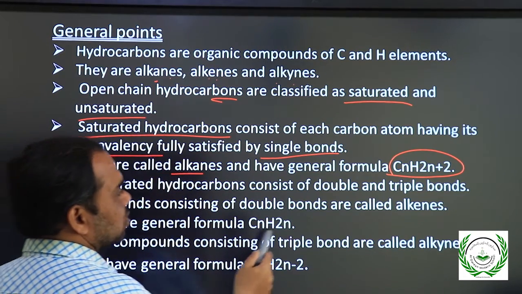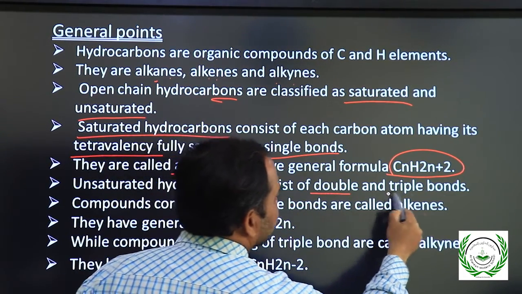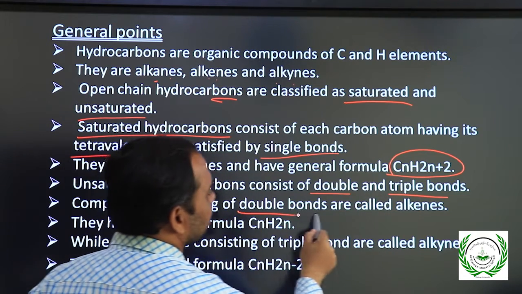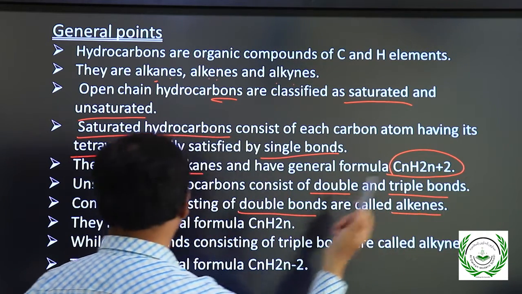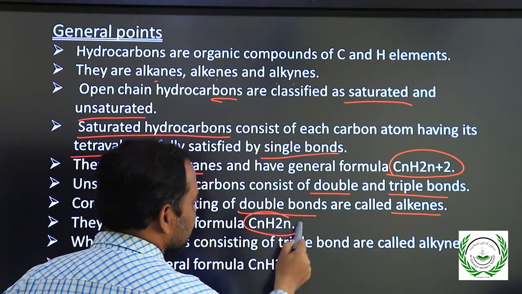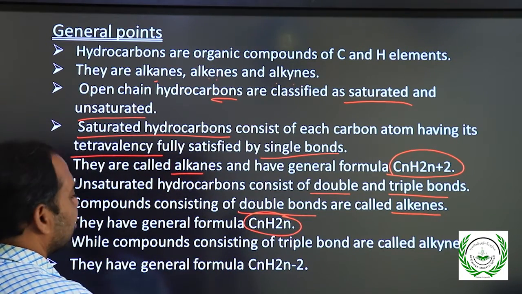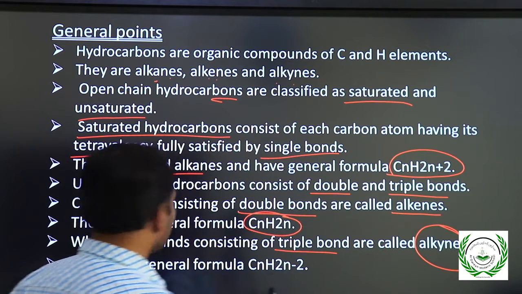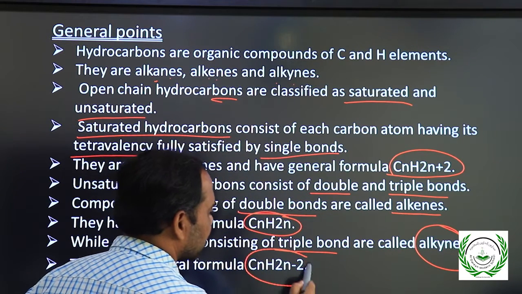Next, as you know, unsaturated hydrocarbons contain double and triple bonds. The compounds consisting of double bonds are called alkenes. Alkenes have the general formula CnH2n, while compounds consisting of triple bonds are called alkynes. The alkynes have the general formula CnH2n-2.